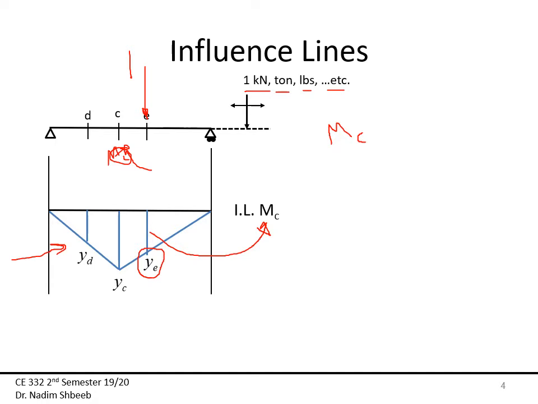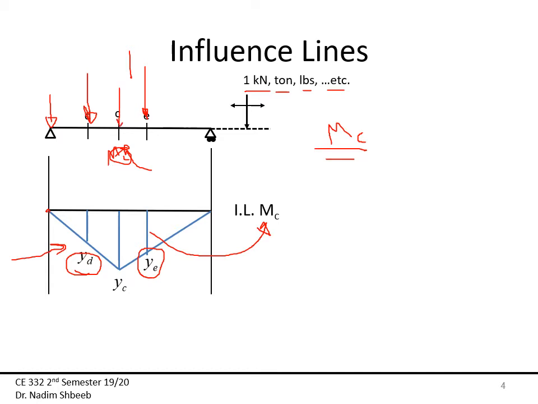So this graph tells me if my load is at the reaction here, at the support, then the value of this moment is equal to 0. Okay? If my load is now at point D, then the value of MC is actually YD.